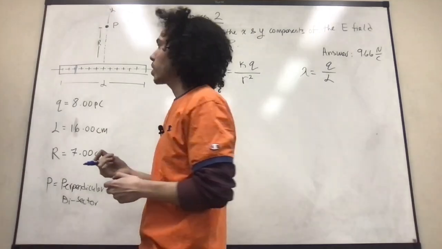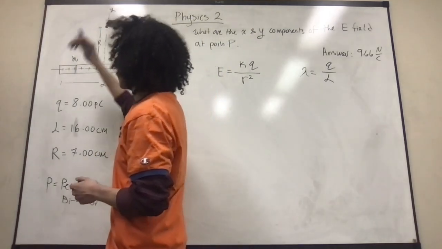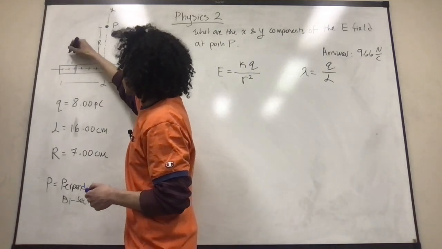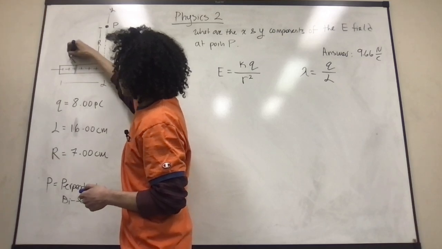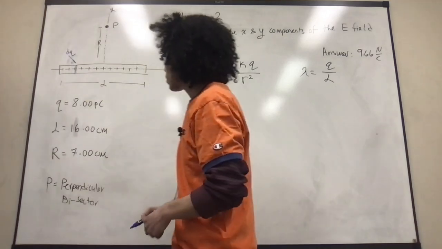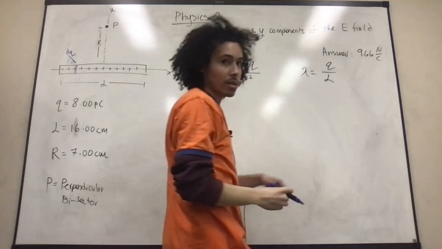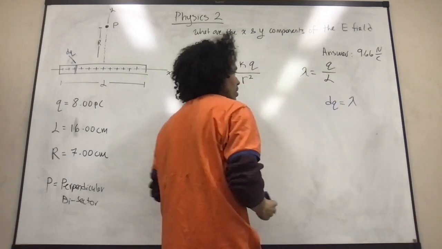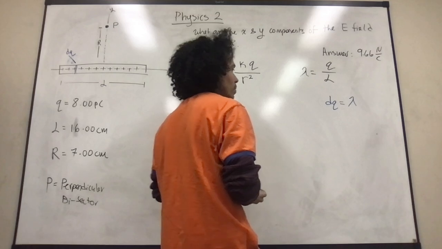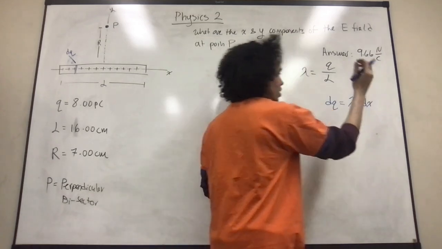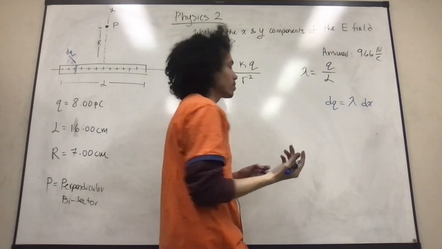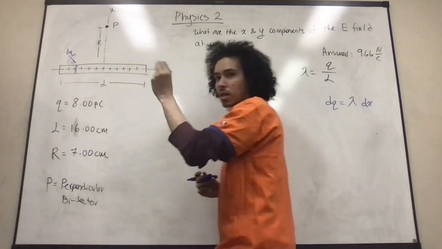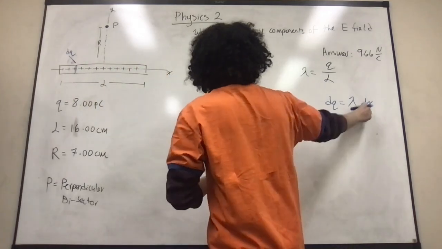It's infinitely small, so we call it dq. dq is equal to the linear charge density times an infinitely small length, dx.